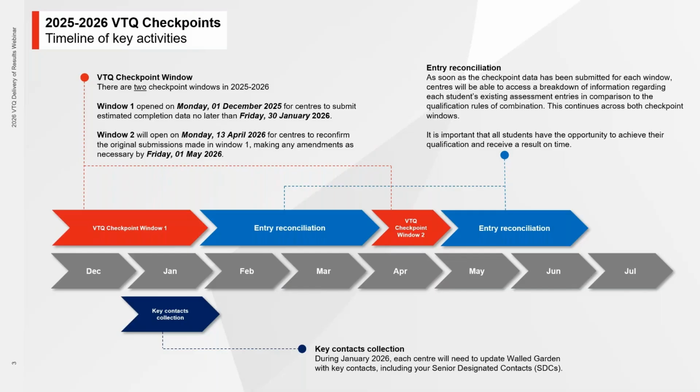You'll then be able to access that report the following morning after about 9:30, and that report will tell you which students are able to achieve their qualification, which students aren't, and if they aren't able to do so, it will give you a little bit more information about the assessment entries that they need in order to achieve that qualification. We'll be saying more about that later on in the webinar as well. We'll also be showing you that report on Walled Garden in a live demo a little bit later.